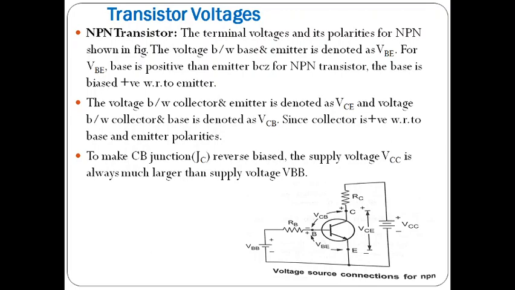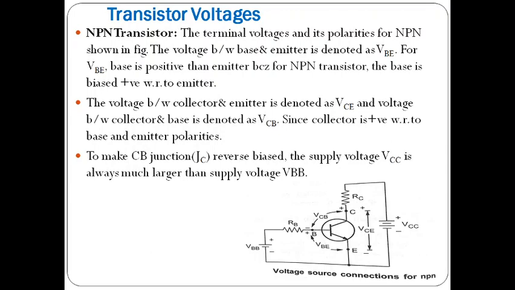To make the CB junction, that means the collector to base junction, reverse biased, the supply voltage VCC is always much larger than the supply voltage VBB. Yes. So to make the collector junction reverse biased, we must apply more VCC compared to the base voltage VBB. Clear? These are the voltages of a transistor.